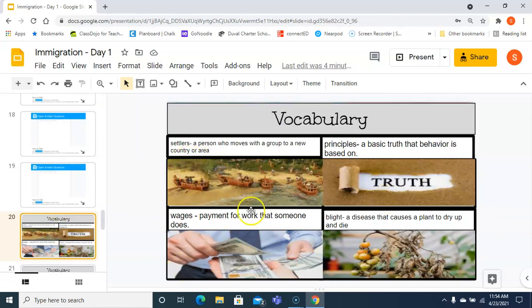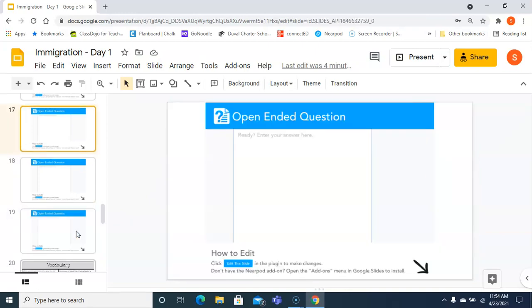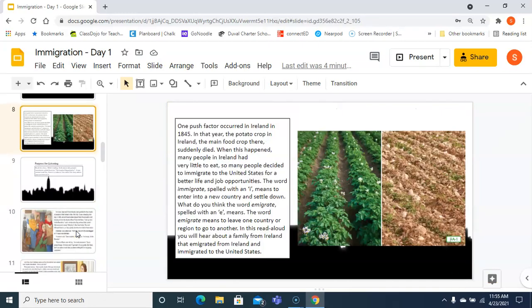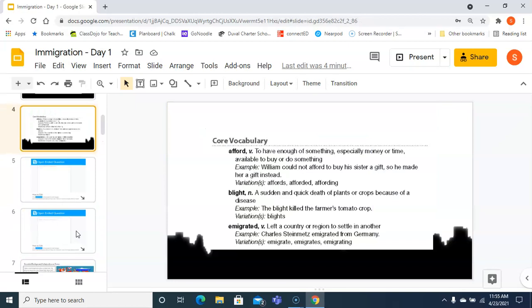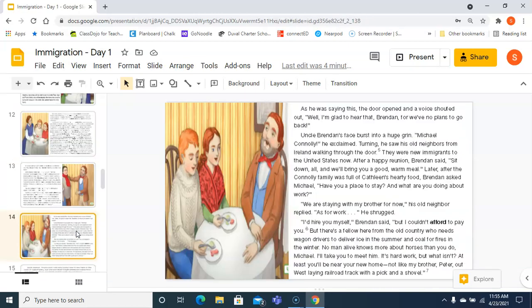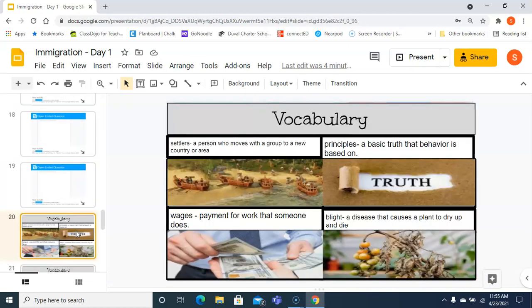Settlers, these are going to be on your test. The vocabulary I went over before, up above, are the vocabulary words that might be in the story that you needed to know the meaning of. These vocabulary words are the ones that will be on your test this week. Settlers, a person who moves with a group to a new country or area. Principles, a basic truth that behavior is based on.